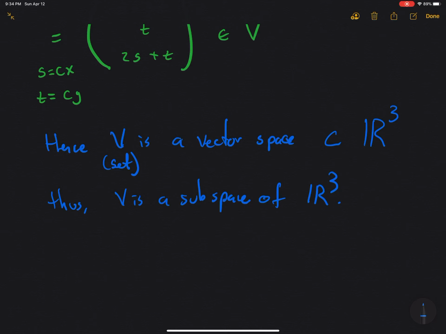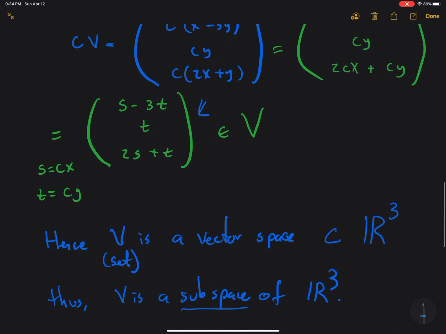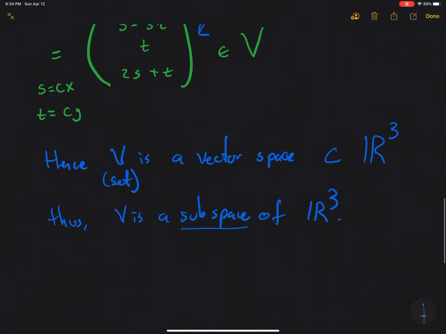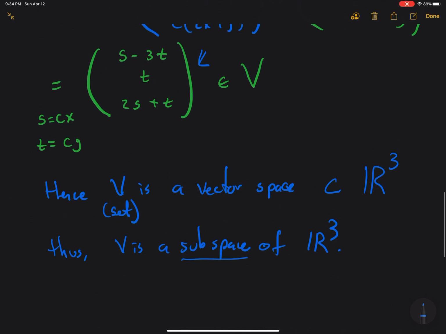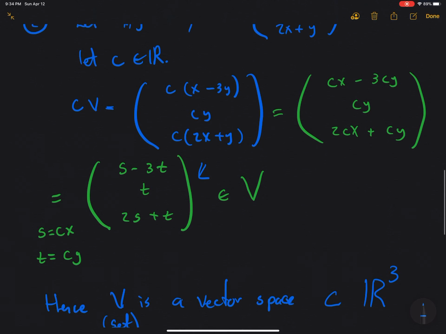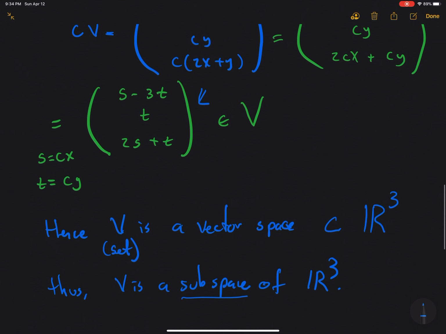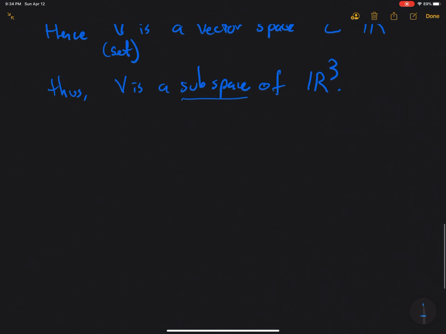We have that V is a vector space on its own, but since it is a subset of R3, we call that thing a subspace of R3. We can also find out a basis for this, which means some vectors that will generate everything. And we can find that out just by following the shape of the space. We have that the set is generated by combinations of things that look like this.